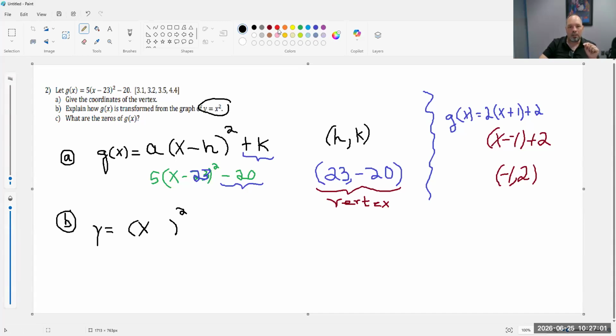One of them is a minus 23 has been inserted.